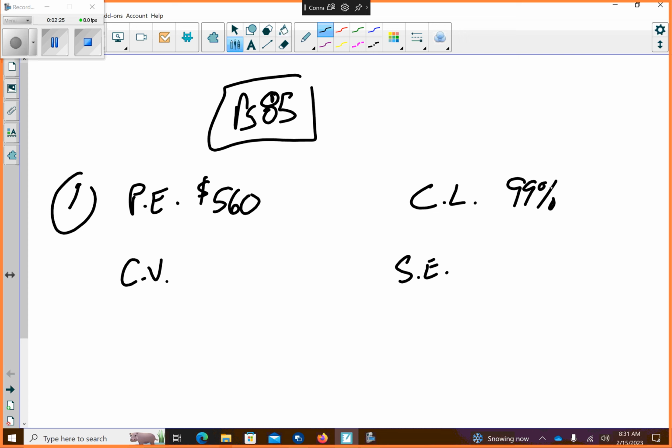So for the standard error, we're going to have to use the standard deviation over root n, and then the critical value. They asked for margin of error. We have the margin of error for number 2. And calculate the confidence interval.